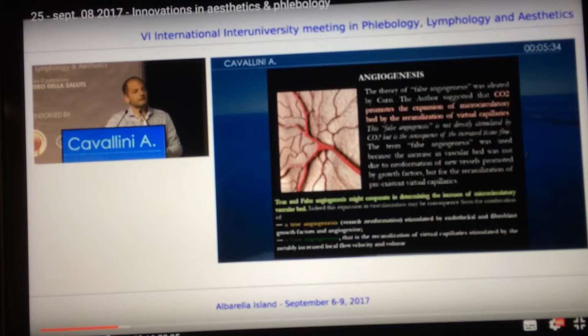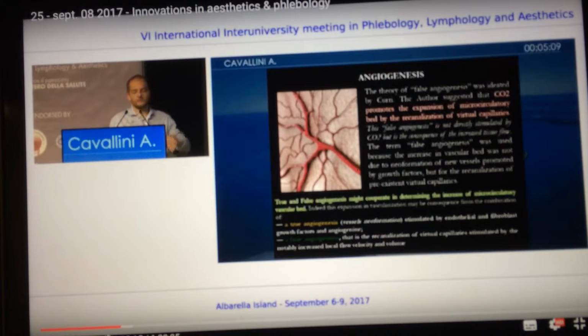So false angiogenesis is an increase in the capillary system, not neocapillaries, but quiescent capillaries. So carboxytherapy increases the blood flow thanks to vasomotion and rehabilitates these capillaries.